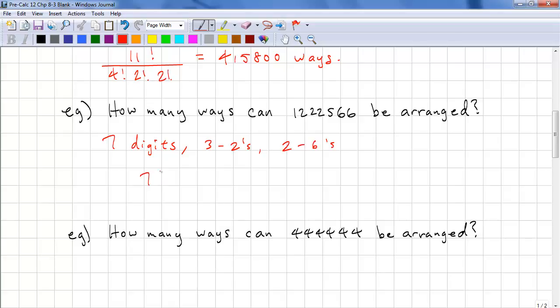So this is simply 7 factorial divided by the repeats. So we have 3 2's, so that's 3 factorial, and we have 2 6's, that's 2 factorial. So this is 5040 divided by 6 and divided by 2. So that's 420 ways.